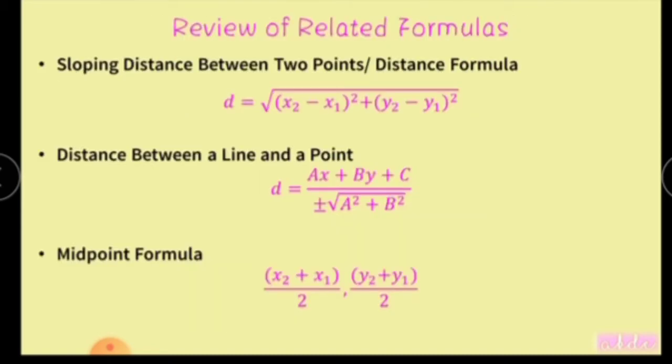Okay, so let's start reviewing some related formulas that we are going to use in the succeeding topics regarding conic sections. Let's start with the slope, the distance formula, the distance between a line and a point, and the midpoint formula.